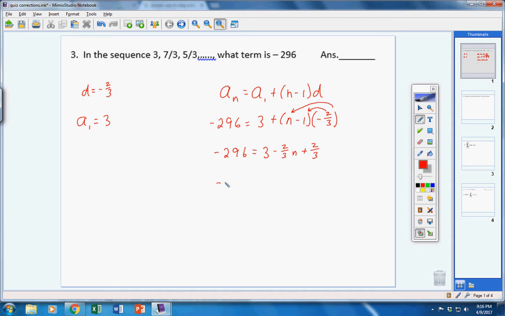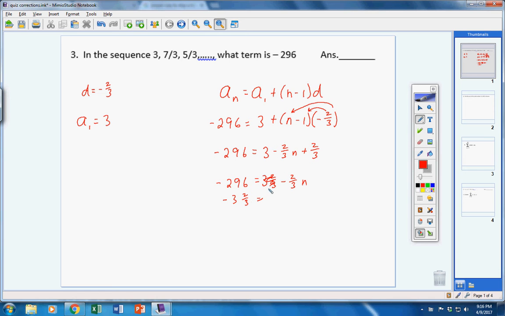Now let's continue. Negative 296 equals 3 and 2/3 minus 2/3 n. 3 and 2/3 is where I combine these two like terms right here. Positive 3, positive 2/3. Now, bring this over and make it negative, so I have negative 3 and 2/3.